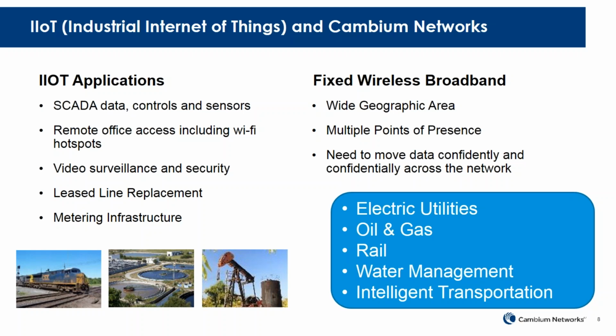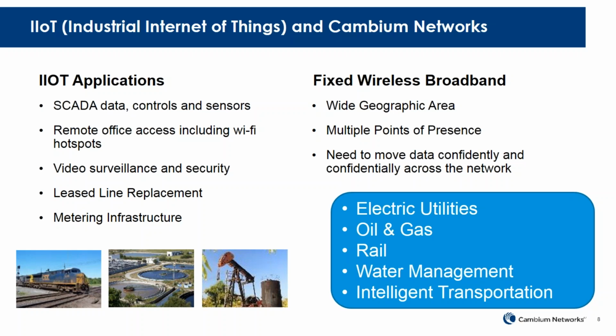You can also imagine video surveillance, having cameras in all those areas so that security teams can monitor what's happening, not only to make sure things aren't being vandalized or stolen, but also to make sure that the people working in those areas are safe. And then there's a whole bunch of infrastructure needed to connect point A to point B in all these networks. We talk about that as a leased line or wireless, replacing wires with wireless, and also metering and measuring the flow in all the different parts of these operations.